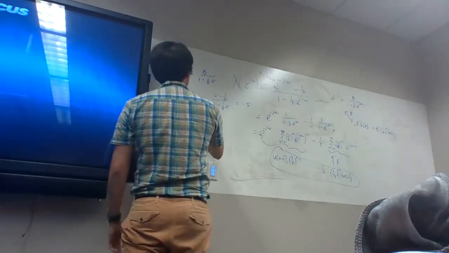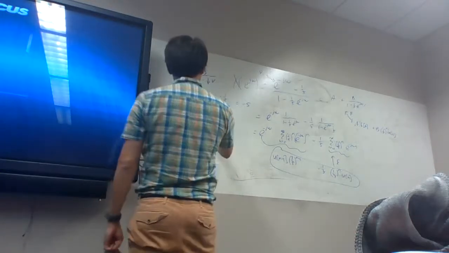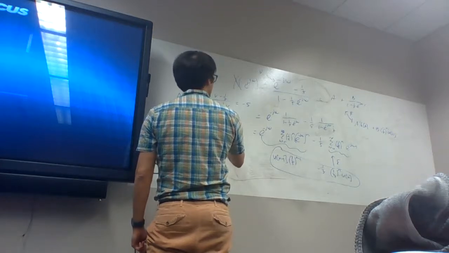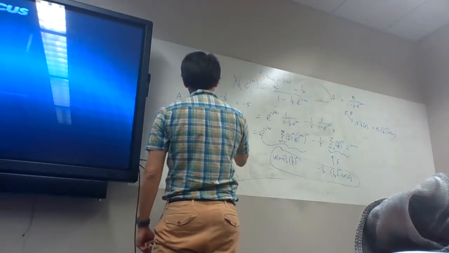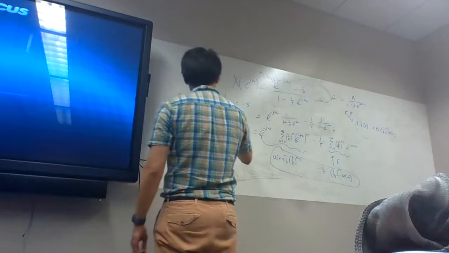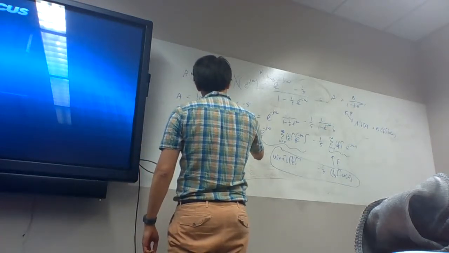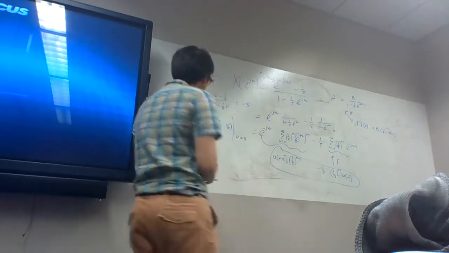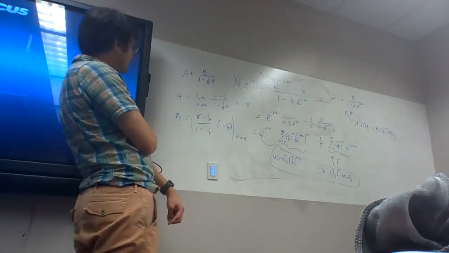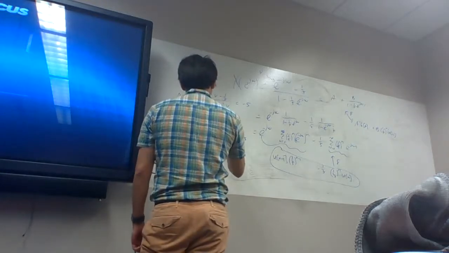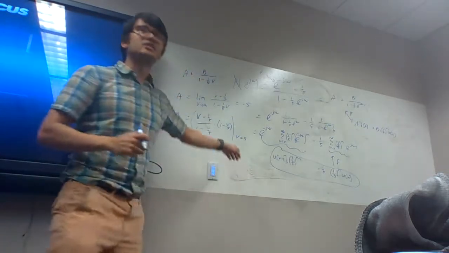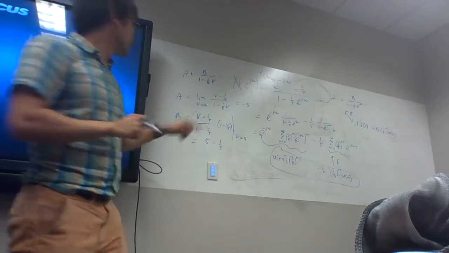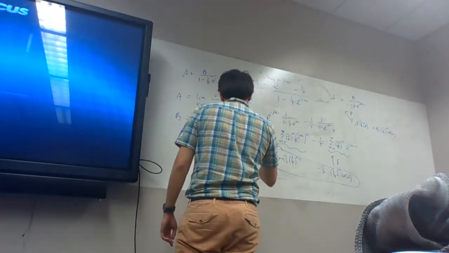And the b is just going to be equal to (b minus 1/5) over (1 minus v over 5), evaluated at v equals 5, which is going to be 5 minus 1/5, which is some number. I'm pretty sure it's 24 over 5.